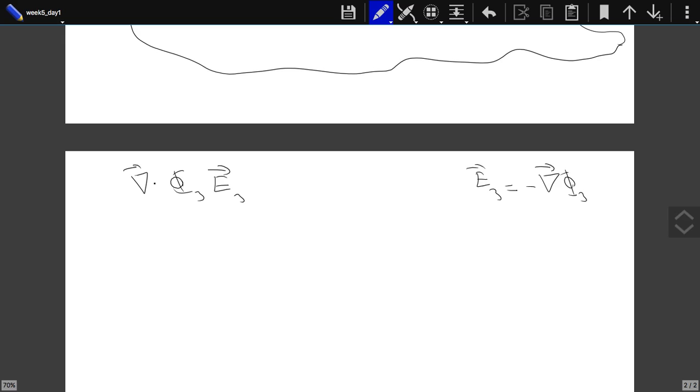The divergence of this is the gradient of phi3 dot E3, the scalar product with E3, plus phi3 times the divergence of E3.